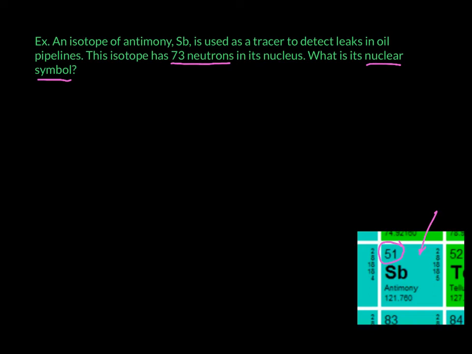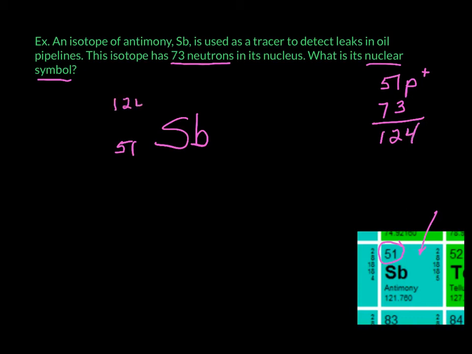That means that it has 51 protons. So antimony, Sb, 51. And then how do we figure out its mass number? Well, we take 51 and 73 and we get 124. So this is its symbol, and this would be its name, antimony-124. Right, so mass number, atomic number.